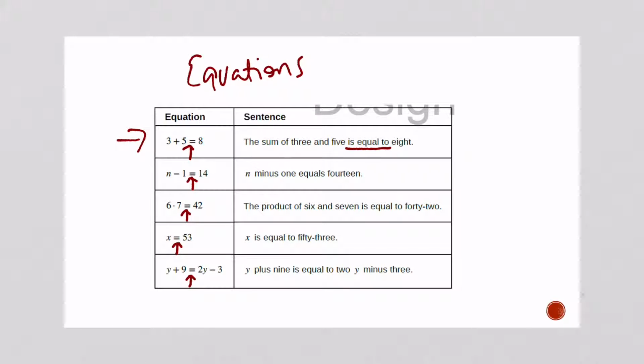The next one, n minus 1 equals, notice they didn't say is equal to, but they do say equals 14. On the next one, they're using is equal to. The next one is equal to. So anytime you see the equals, you should slap an equal sign in that position.